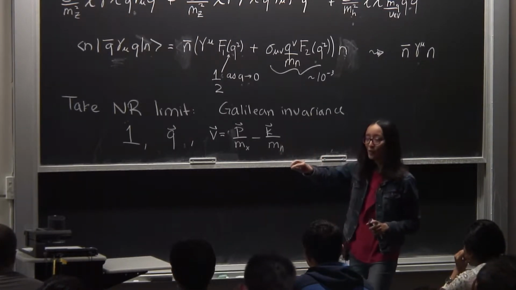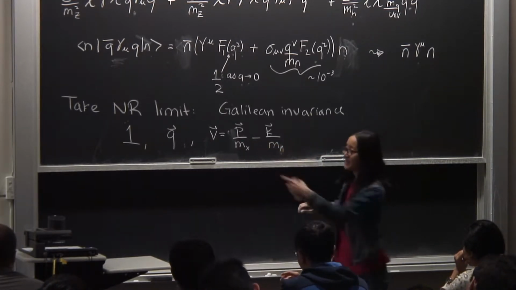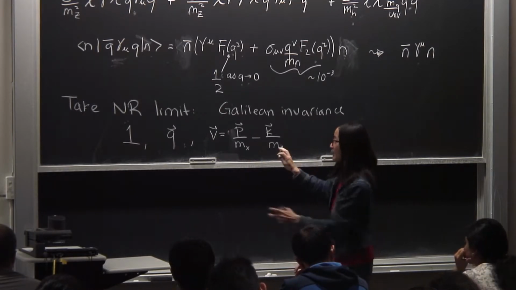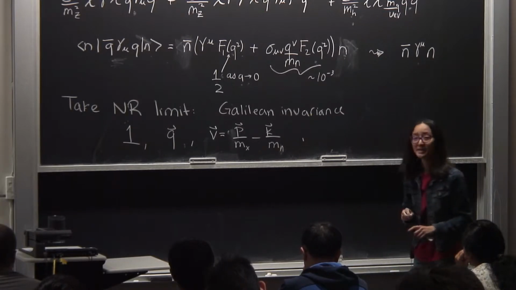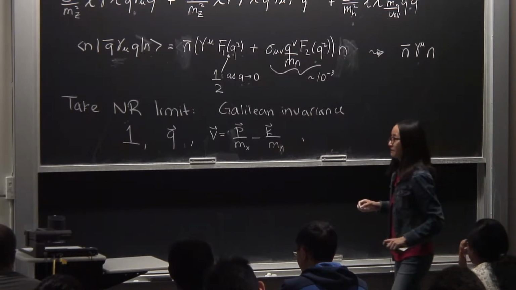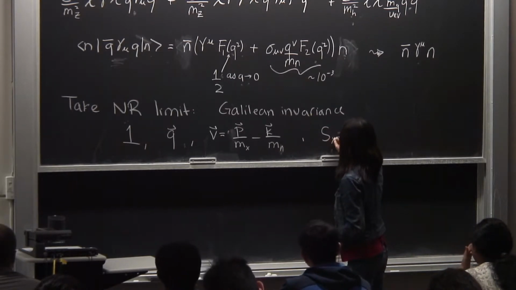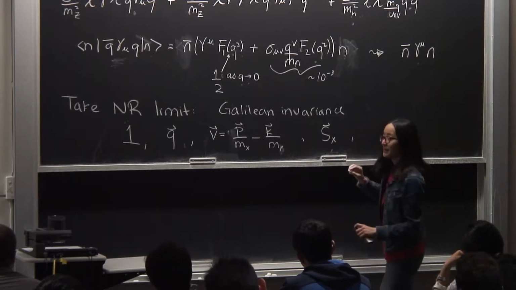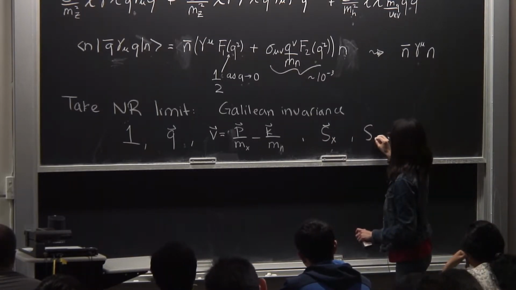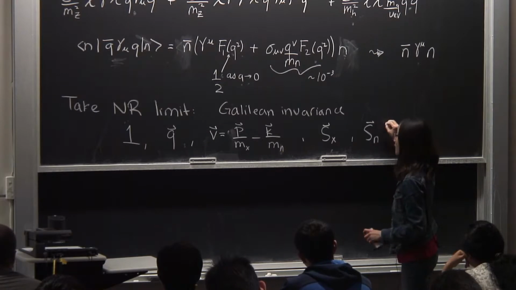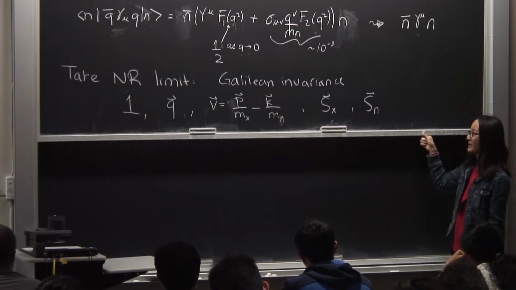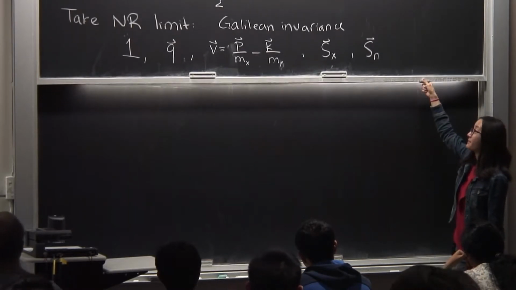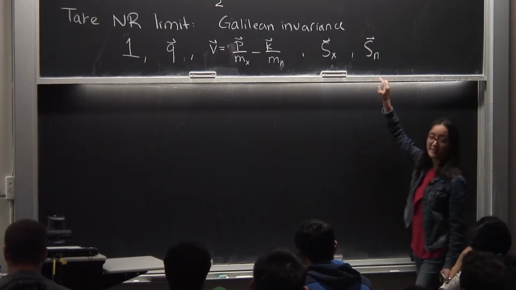Technically what this direct detection EFT paper does is it makes these two orthogonal, but for us, let's just keep it as the relative velocity. We have the spin of the dark matter and the spin of the nucleon, where I'm just going to use this vector to denote it. It's a vector. But you can think of these as operators.